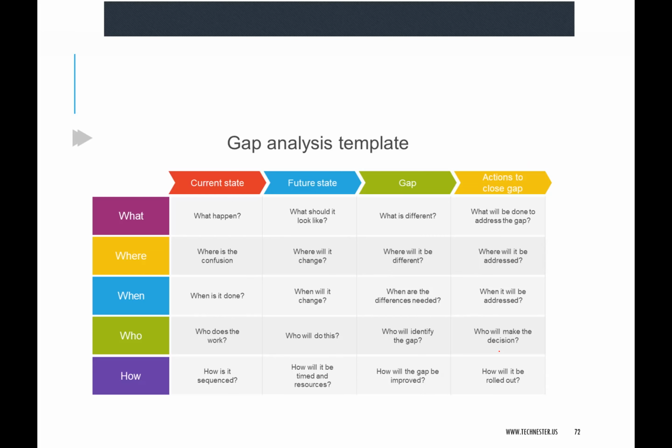So gap analysis, right? You can use a template like this, for example, to tabulate the current state, the future state, and the gap you think exists between current state and future state. So imagine in this case, you are breaking down whatever problem the organization has into different individual problems or units.